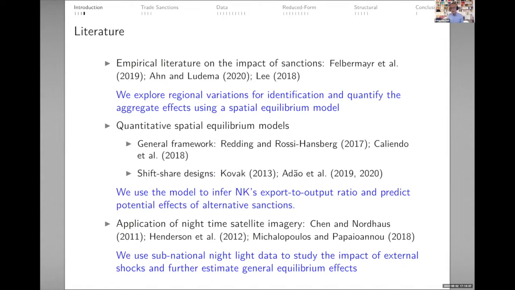And then we bring in a spatial equilibrium model to try to quantify the aggregate impact on a country as a whole. We believe that differs from some of the previous approaches, where it's mostly focused on looking at the country as a whole before and after the sanctions.